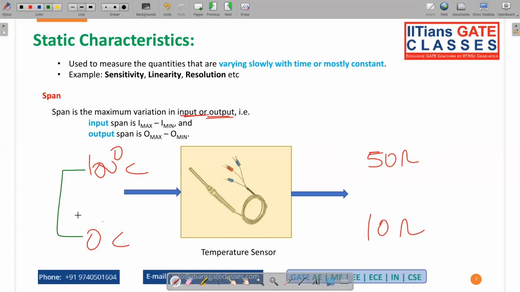The maximum variation is 100 minus 0, which is 100 degree Celsius. This is the input span of the RTD. Now what is the output span? It is the maximum variation in the output, 50 minus 10, that is 40 ohms. This is the output span of this sensor.